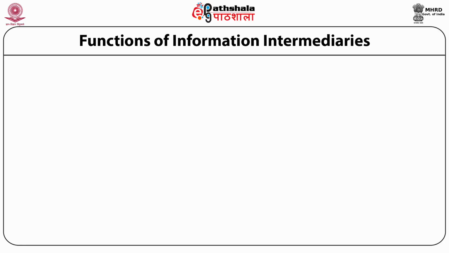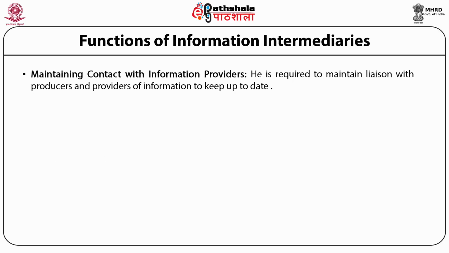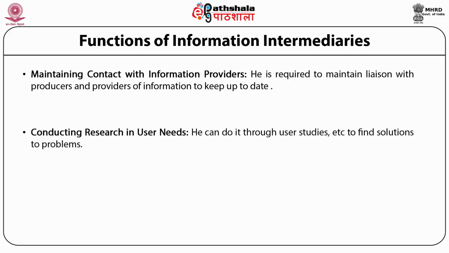Another function is maintaining contact with information providers. Information intermediary is required to maintain liaison with producers and providers of information to keep up to date. Conducting research in user needs is another function. Information intermediary can do it through user studies, etc., to find solutions to the problems of the user community.